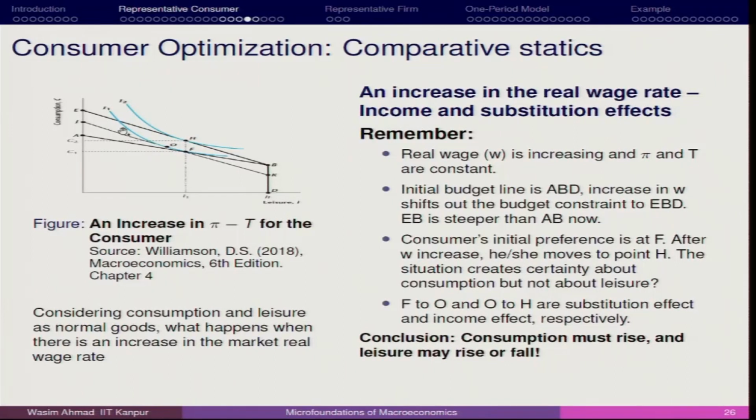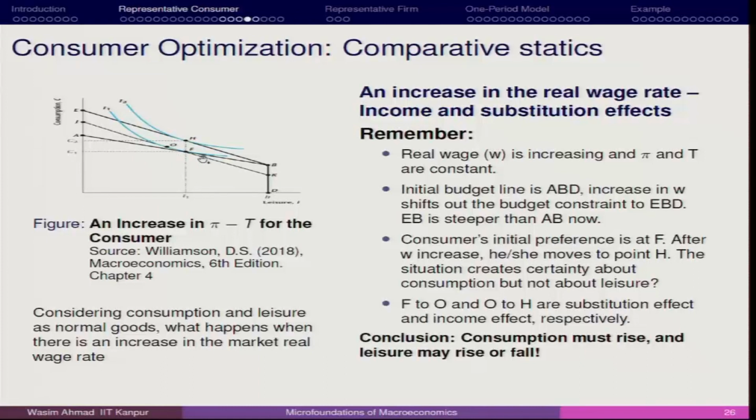So, we work this out by keeping the consumer's income the same, which means we do not give him a dividend or levy further taxes, so that he remains on the original indifference curve.